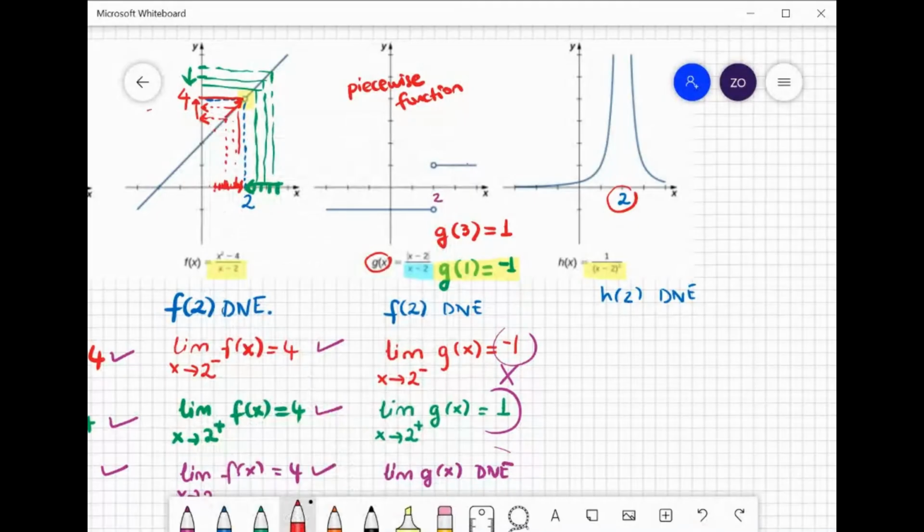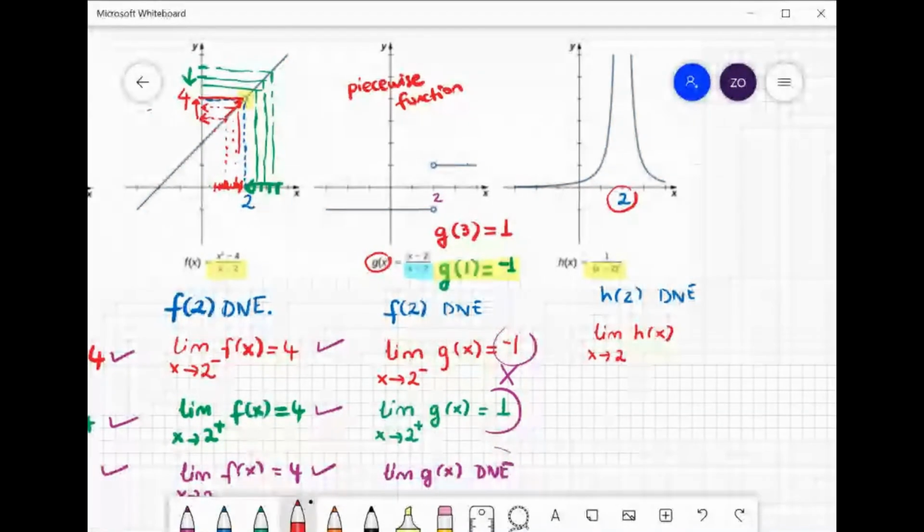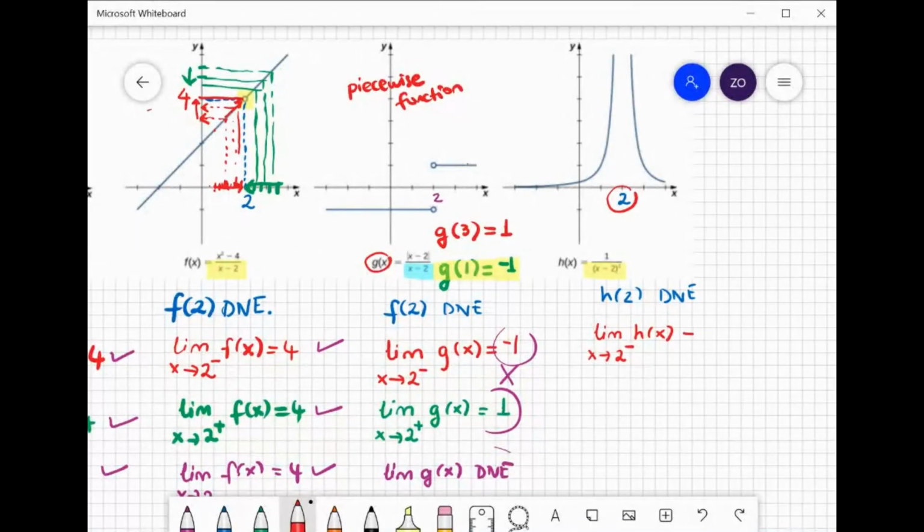So what do you think the limit of the function h as x approaches 2 from smaller values equals? Let's think about this. Although the function value does not exist, like in the previous cases, do we have some limits? So consider like 1.1, 1.2, 1.3, like 1.9.